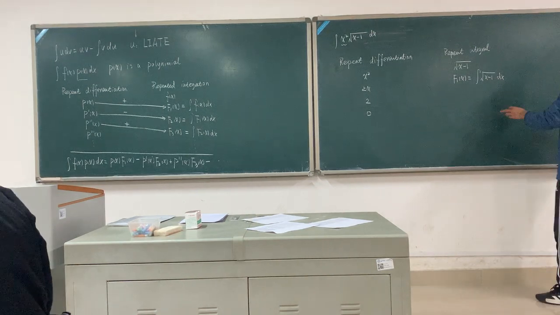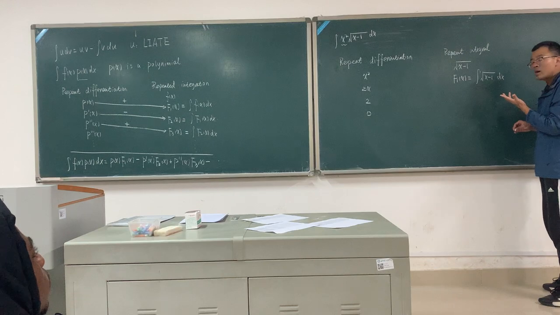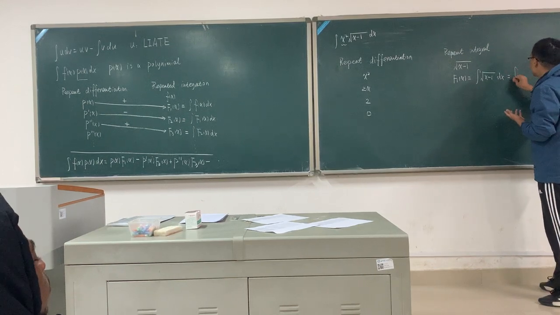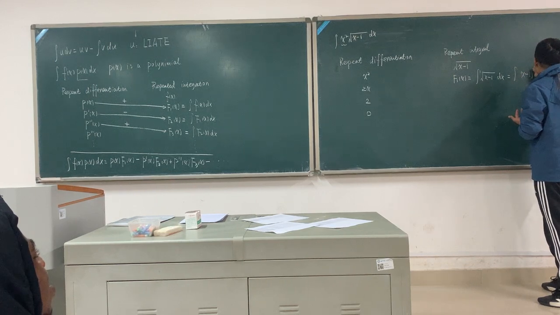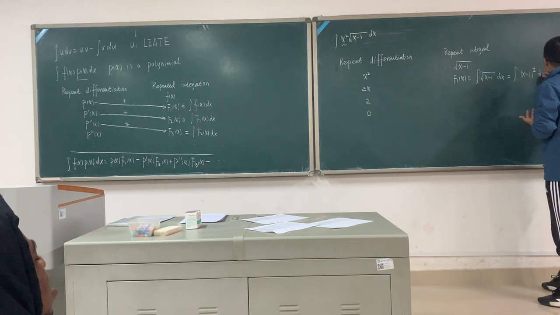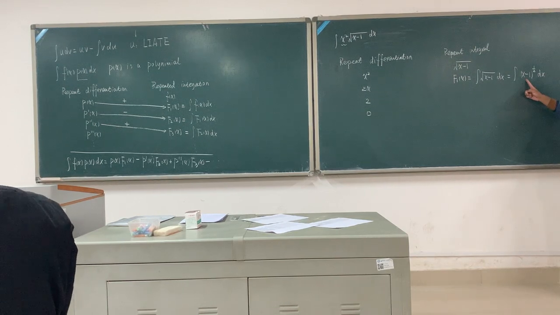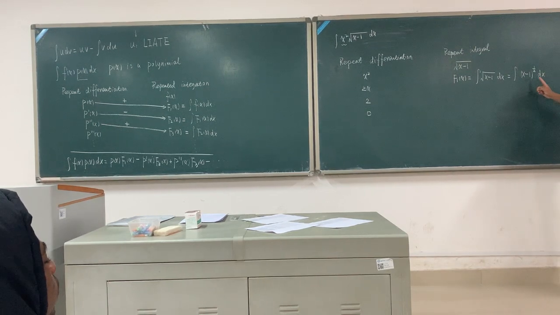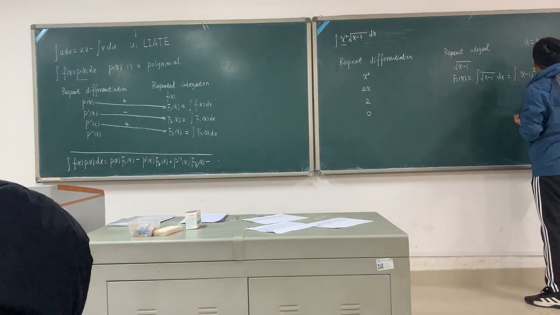So now we need to find the antiderivative of the square root of x minus 1. Here it is (x minus 1) to the 1/2 power dx. Now we let u equal to x minus 1.